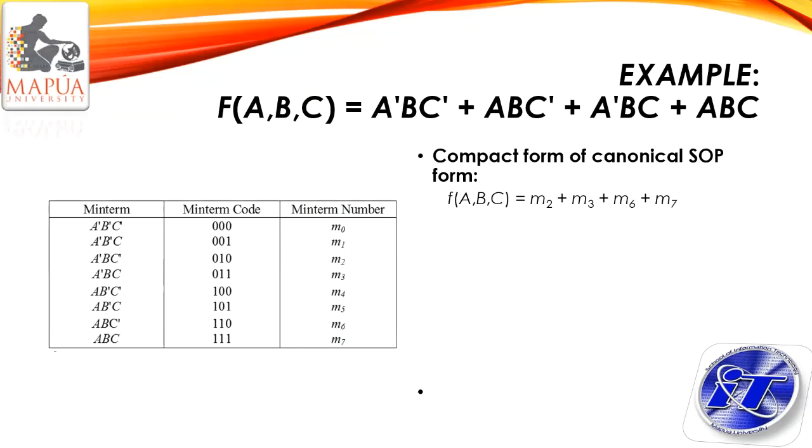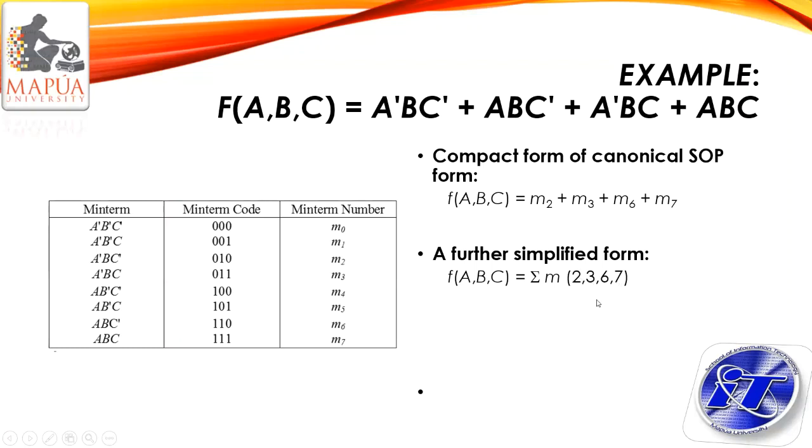There's another way of representing our min term list, or SOM. We use the summation symbol since we're talking about addition, the sum of. We can use this symbol, the summation of the min term list, which are the subscripts 2, 3, 6, 7.